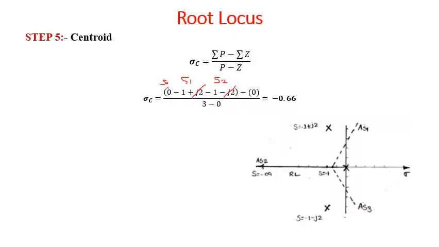Very near to half of the midpoint, we can locate minus sigma c. Sigma c is equal to minus 0.66. So locate it here and show the centroid somewhere here, sigma c, and allocate the angles, that is phi as1, that is 60 degree.